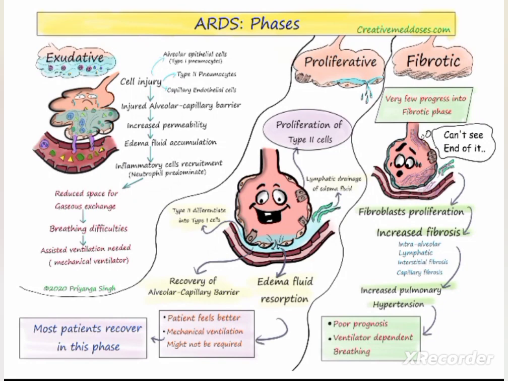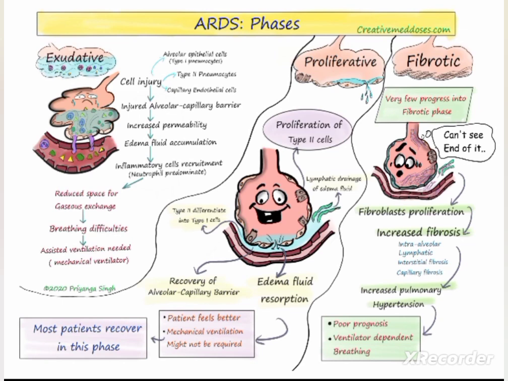The phases of ARDS. The first one, exudative phase. In the exudative phase, there will be cellular injury, especially the type 1 cells will be affected. Due to that, there will be increased capillary permeability. That's why there will be edema and fluid accumulation.